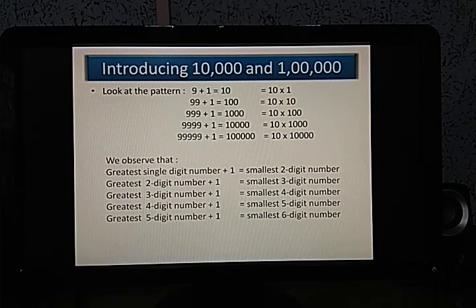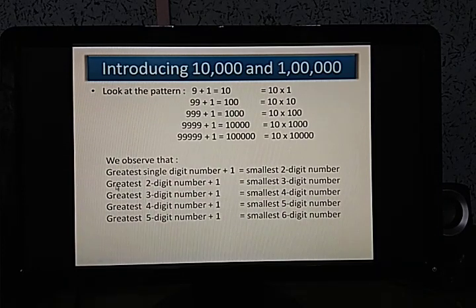Okay, let me make it clear to you again. Greatest 3-digit number 999. If we add 1 to it, we'll get 1000. 1000 is what? 1000 is the smallest 4-digit number. So you can see the pattern. From the greatest 2-digit number we get the smallest 3-digit number.